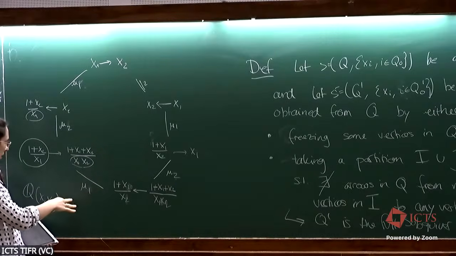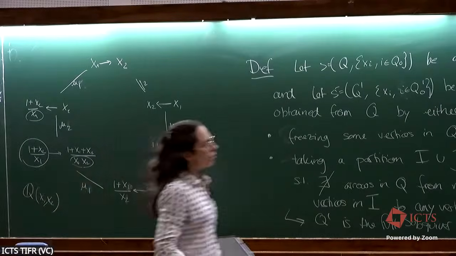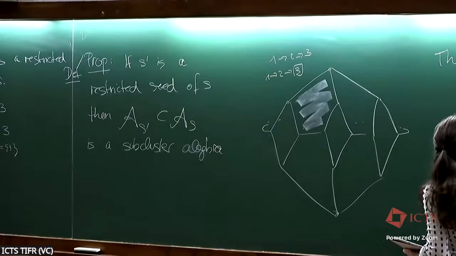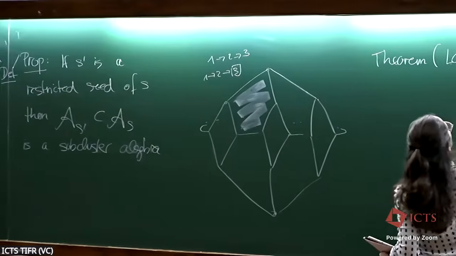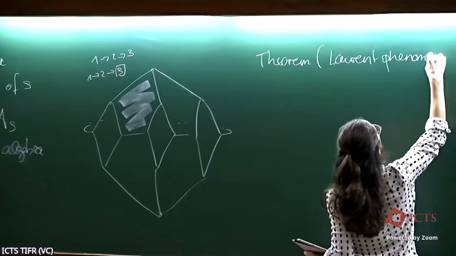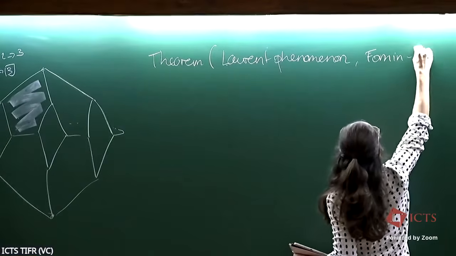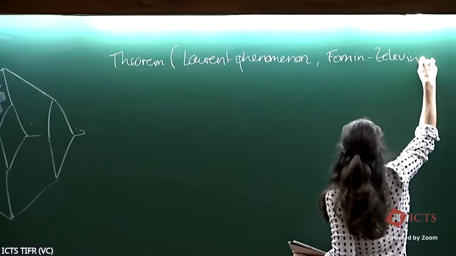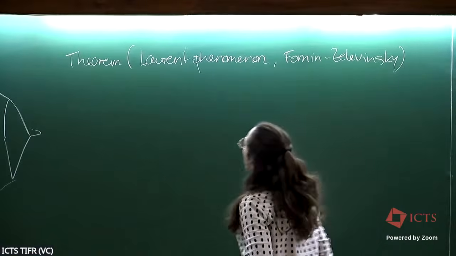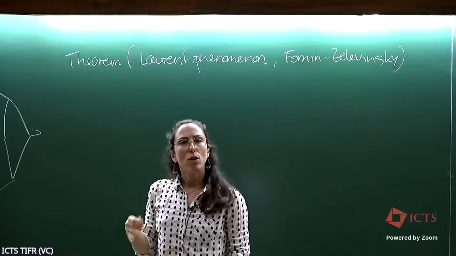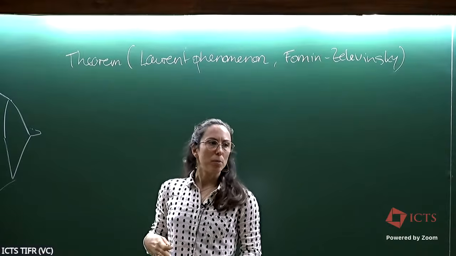So this statement holds more generally, and it's called the Laurent phenomenon. When I take a cluster variable of any seed, it is always a Laurent polynomial in the variables of my initial seed.